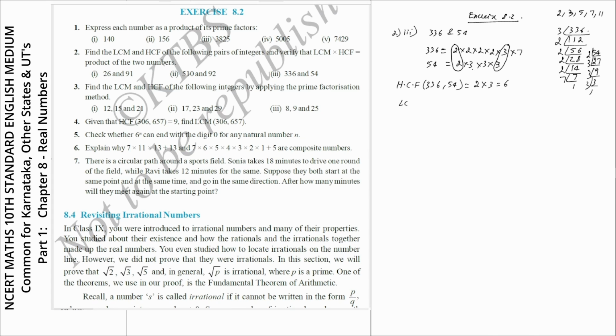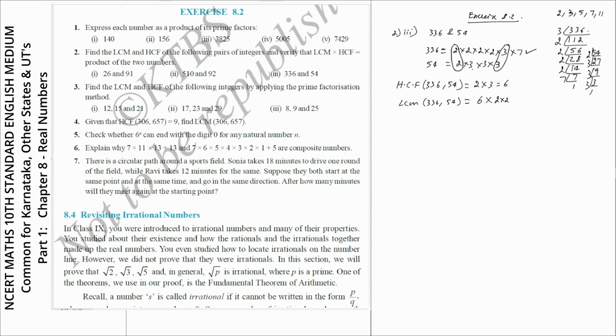Now the LCM of 336 and 54. You take the common factors here. The common factor is 2 and 3, that is 6. Take that HCF as it is, into, now in the first row what are the factors that are remaining? 2 into 2 into 2 into 7 is remaining.